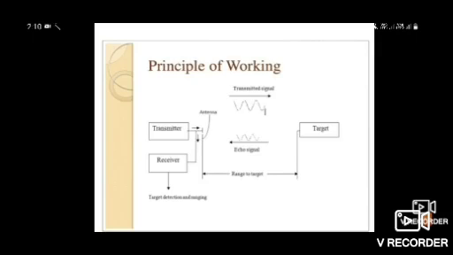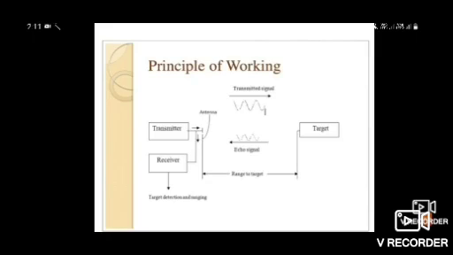Okay, so in this receiver part, I have already told you that in the receiver we have a number of blocks to have a clear image of that particular target.